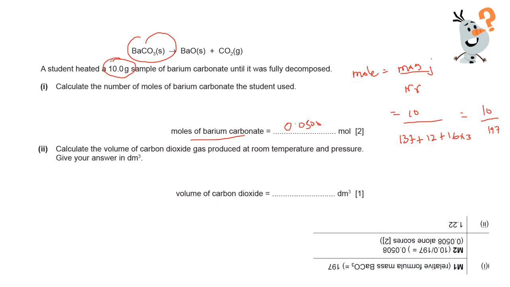The mass in gram is given, and we need the moles, so we use the formula mass in gram divided by molar mass. The molar mass, the mass of 1 mole of a compound, we worked out using a periodic table and got 197. I'll continue this question, share another link.